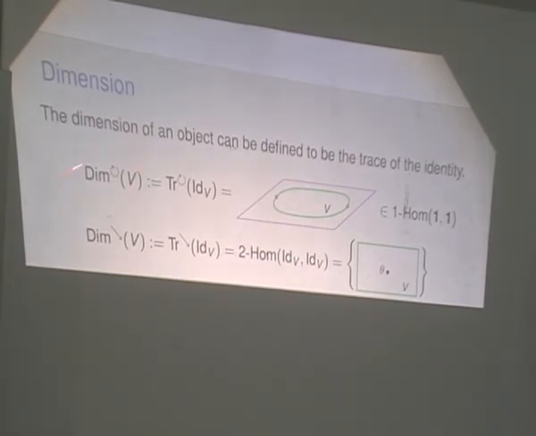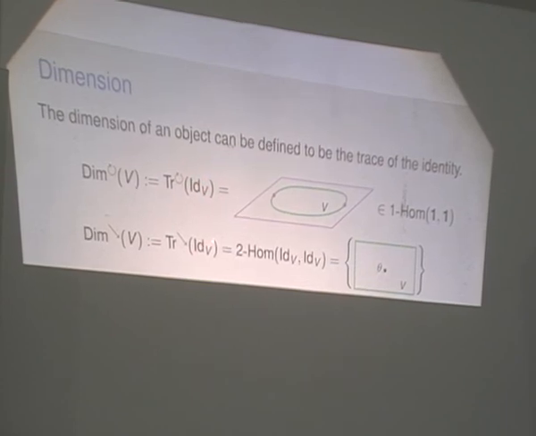We've got 2 of them. We just look at the identity morphism on V, so we can take its round trace or its diagonal trace. So the round dimension is going to be the morphisms from the unit object to the unit object, and the diagonal dimension is going to be the set of 2-morphisms from the identity to the identity.